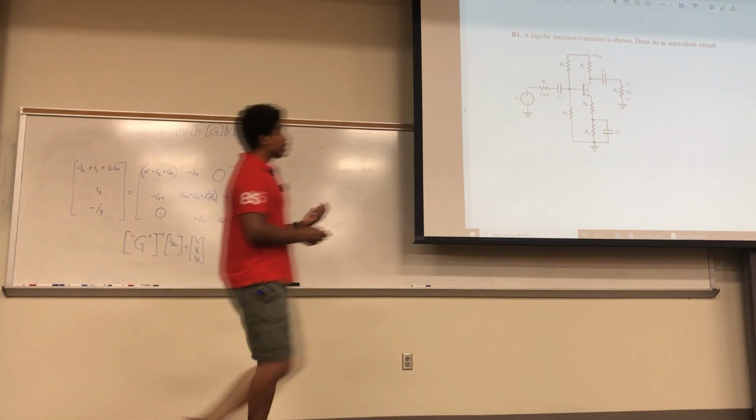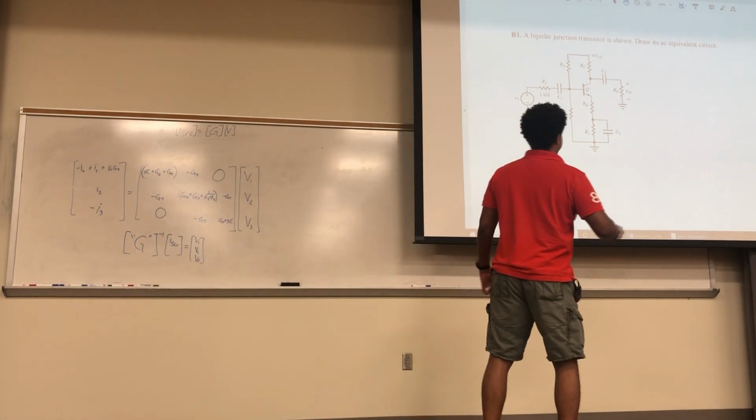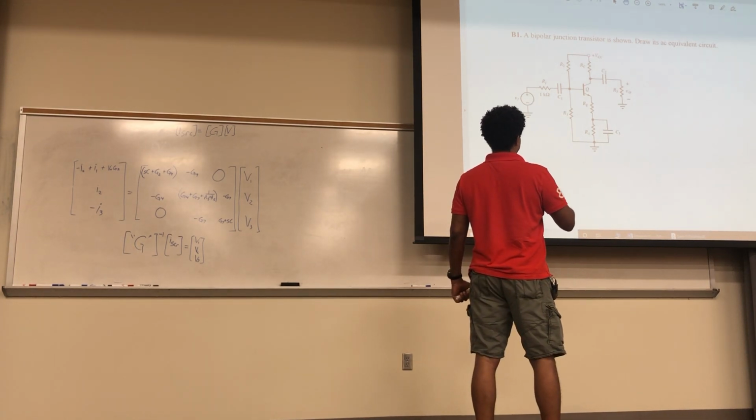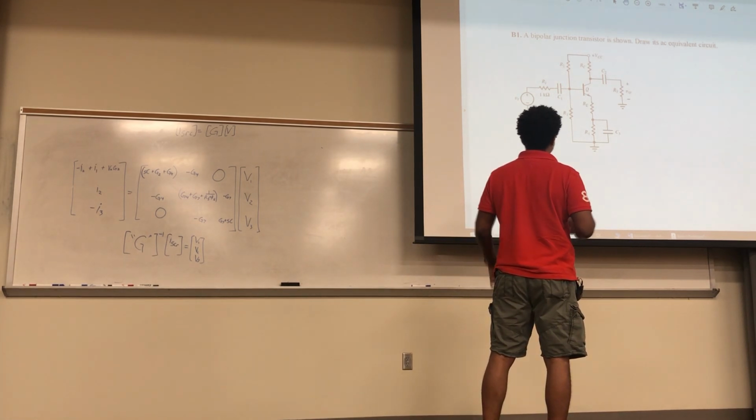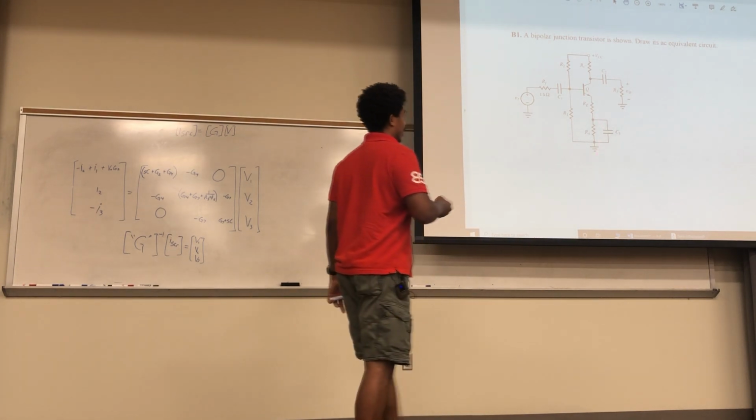In fact, instead of redrawing the entire circuit, you could just stick a ground there, cross it out, and put a short circuit there some kind of way. That'll be fine.